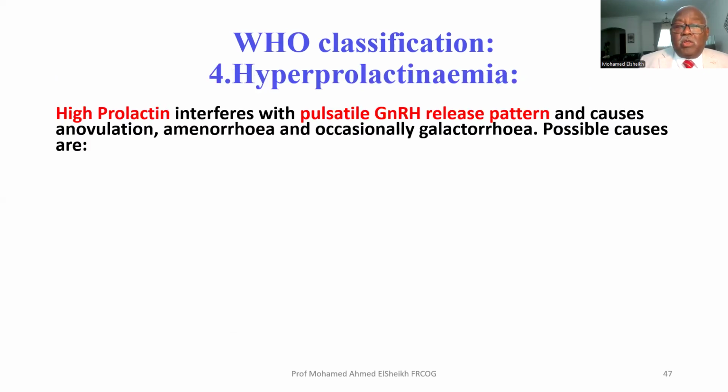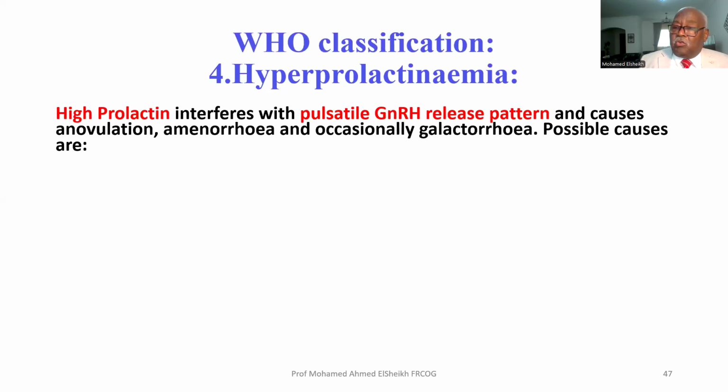The fourth category is hyperprolactinemia, high prolactin. What does high prolactin do? It usually interferes with the pulsatile fashion of GnRH release.